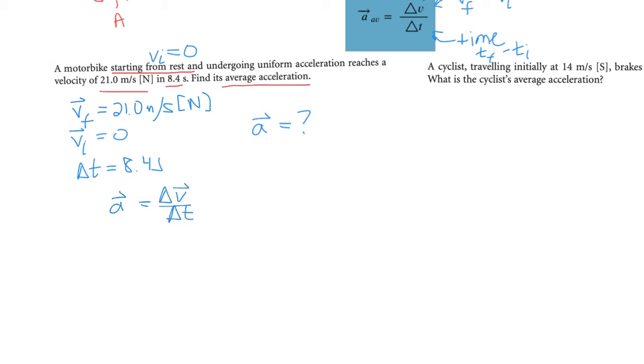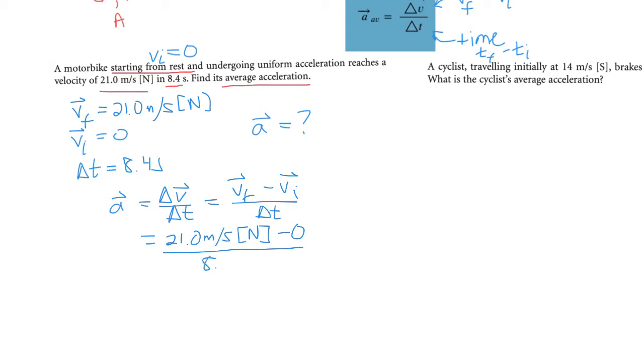So they gave us that whole time interval, but we do need to figure out what our change in velocity is, with our final minus our initial. So we'll have to subtract those two. So I'm going to do the final minus the initial. We will take our 21 first, and then we'll subtract 0.